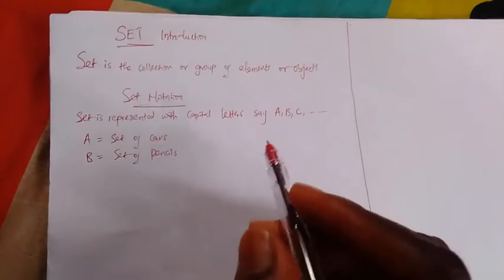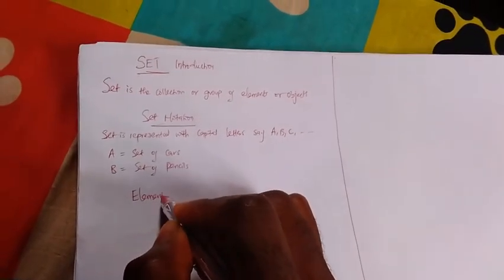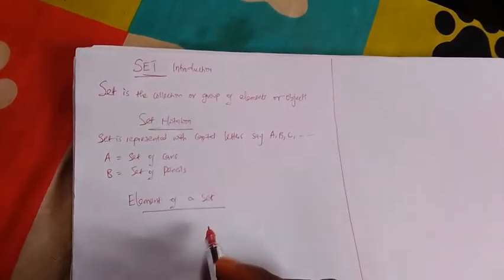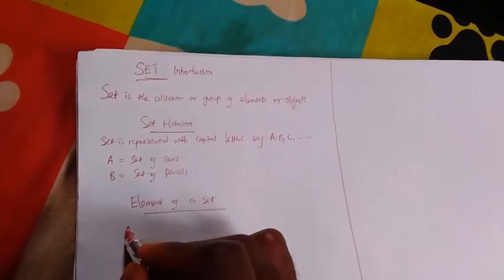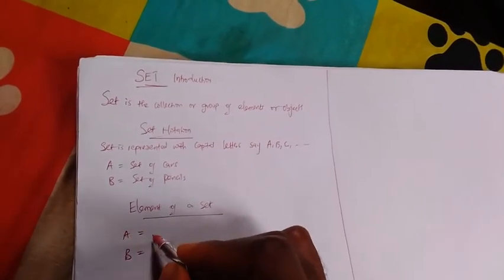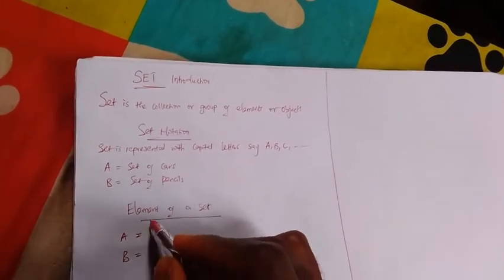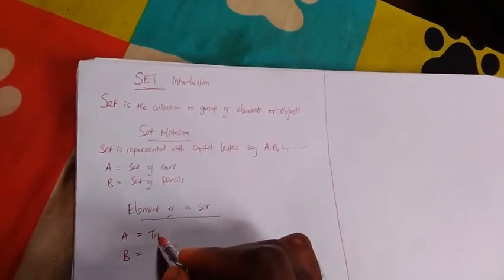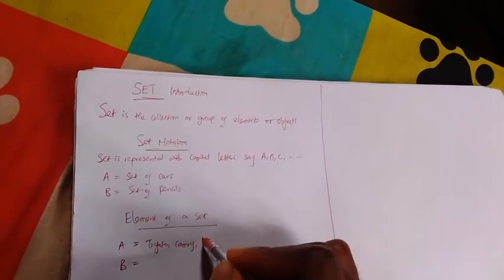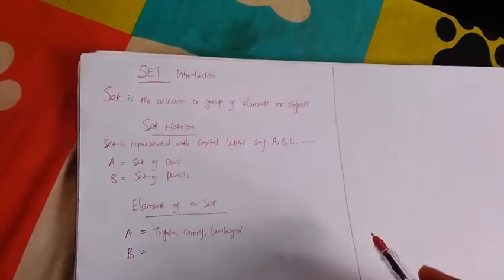Now, on that set, we'll be looking at elements of a set. Just as I said, A represents a set of cars, B represents a set of pencils. A can be equal to what? We could have Toyota, Camry, Lamborghini, and so on and so forth.